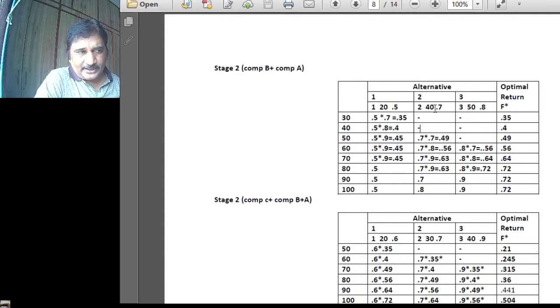So 40, because you need minimum 50 rupees for a workable circuit which will have a 2 unit bank of component B. I hope you have understood this. So 50 minus 40, 10 rupees will be balanced with you, and within that 10 rupees you can get the reliability due to component A of 0.7, from the previous stage.